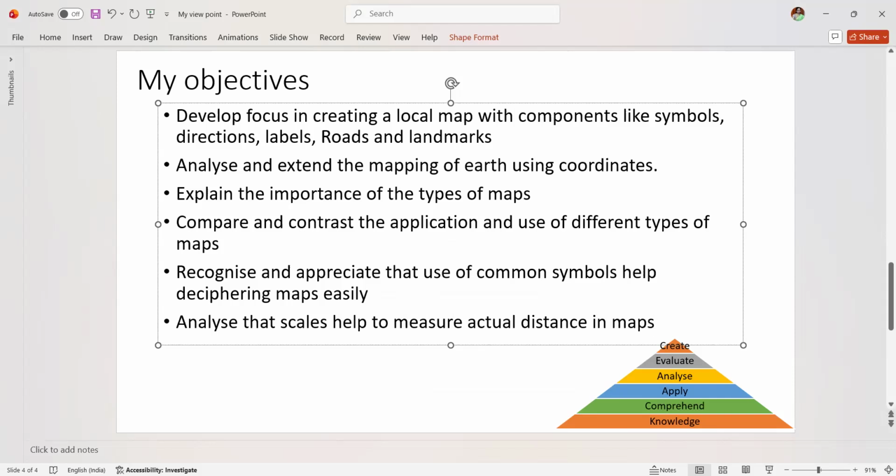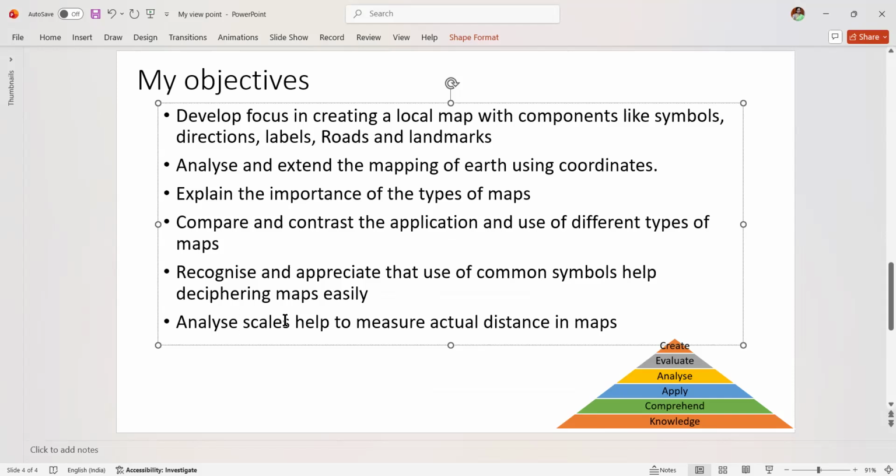So the use of scale is to measure the actual distance in the map. So they will now have to analyze scales that are given in maps, which actually help to measure the actual distances. So using the map distance, they can now start predicting what is the actual distance between places in maps.